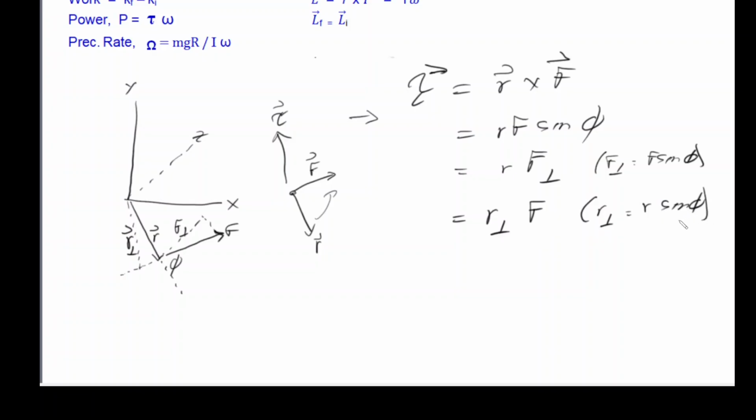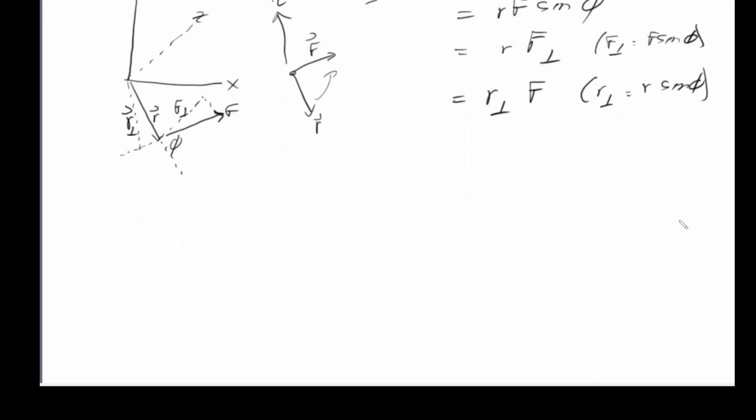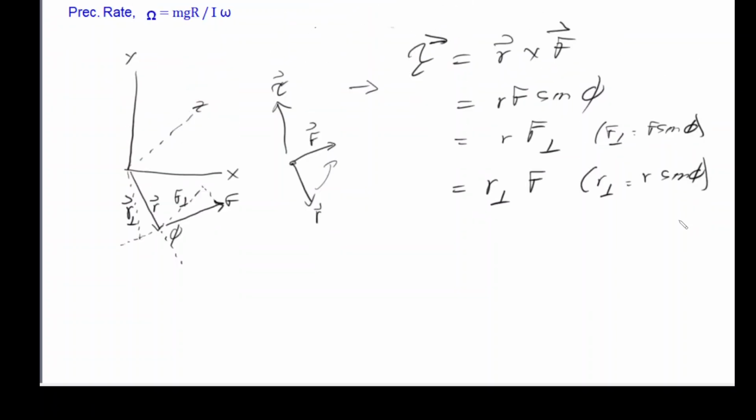And these are different ways that you can find torque. And basically, torque equals R cross F is Newton's law written for rotational motion.